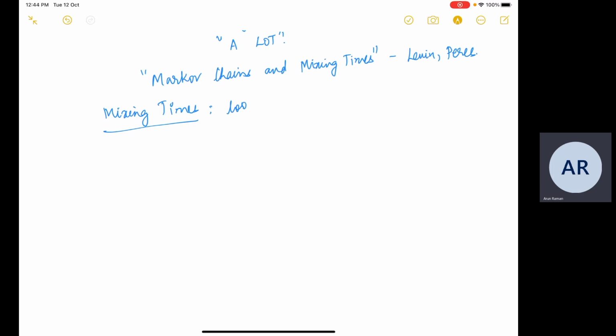So mixing time, what it loosely means is the time needed to get close to the stationary distribution.